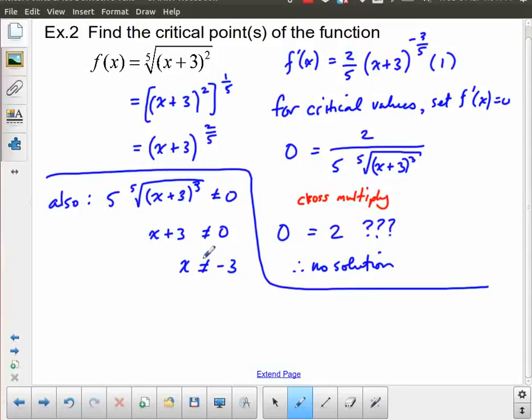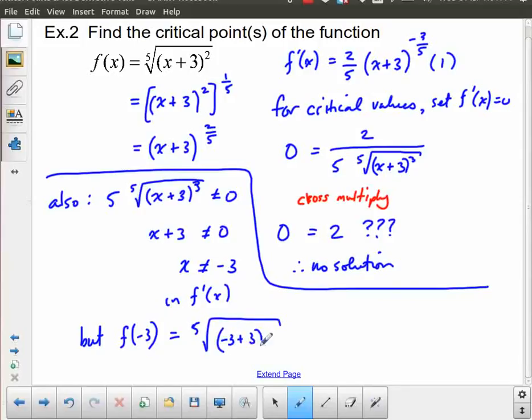And what we have here, so we know that x cannot be negative 3 in f prime of x, but f of negative 3, that's the next thing I need you to ask yourself. Let's go back to the original function. f of negative 3 is the fifth root of negative 3 plus 3, all squared.